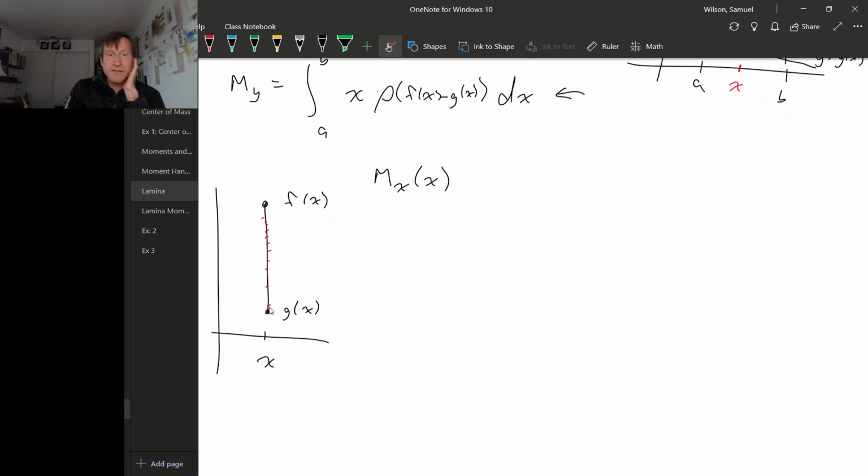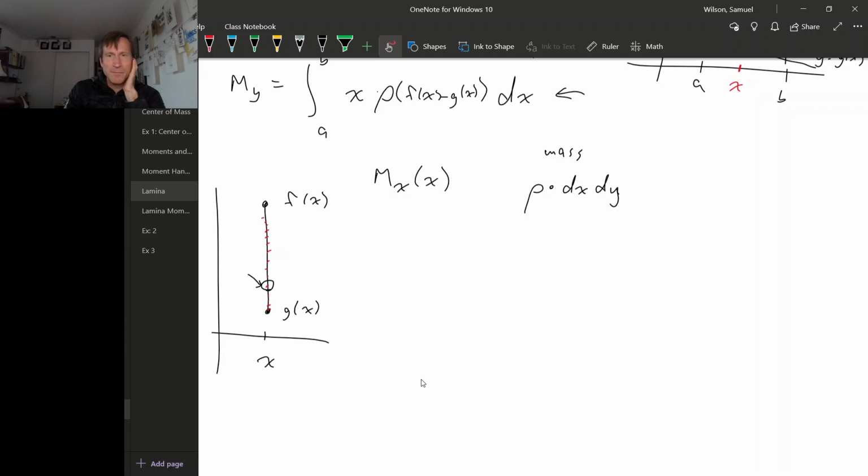To find the moment of a single piece, we need to take the mass of this piece, which is the laminar density times the area of this piece. But look at this piece. It's infinitely narrow in the x direction, so its width is dx, and it's infinitely short in the vertical direction, so its height is dy.